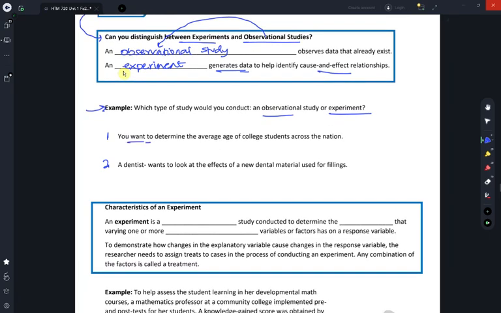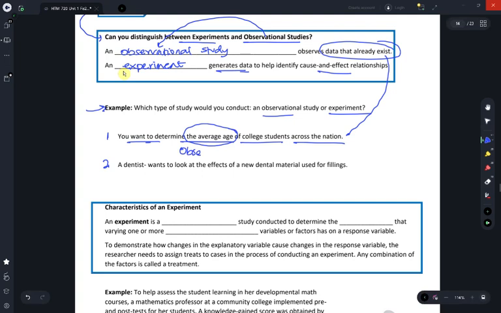Let's say you want to determine the average age of college students across the nation. Well, there is no way we can tweak the ages of people in college. We just observe what is as is. In other words, we're observing data that already exists. And so, in this scenario, an observational study will be very useful.